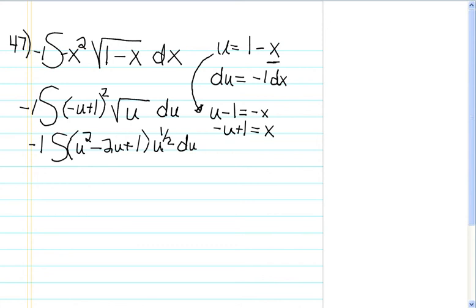Multiplying this u to the 1/2 power through the parentheses, to simplify a little further, I get negative 1 times the antiderivative of u to the 5/2 (remember, you add the exponents here) minus 2u to the 3/2 plus u to the 1/2 du.